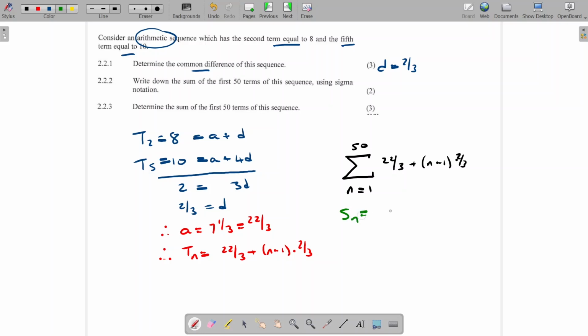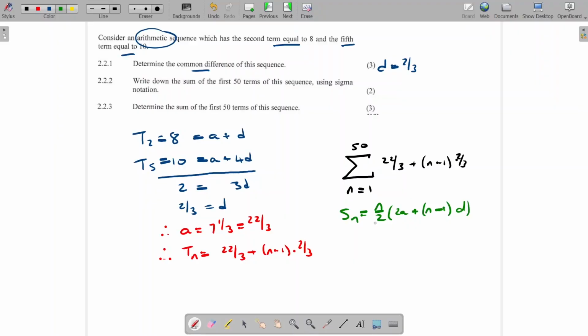To determine the sum of these first 50 terms, we can rewrite this in a different form: Sn equals n/2 times 2a plus n minus 1 d. We've got all our values scattered around here on the page. We know that n equals 50, a equals 22/3, and d equals 2/3.